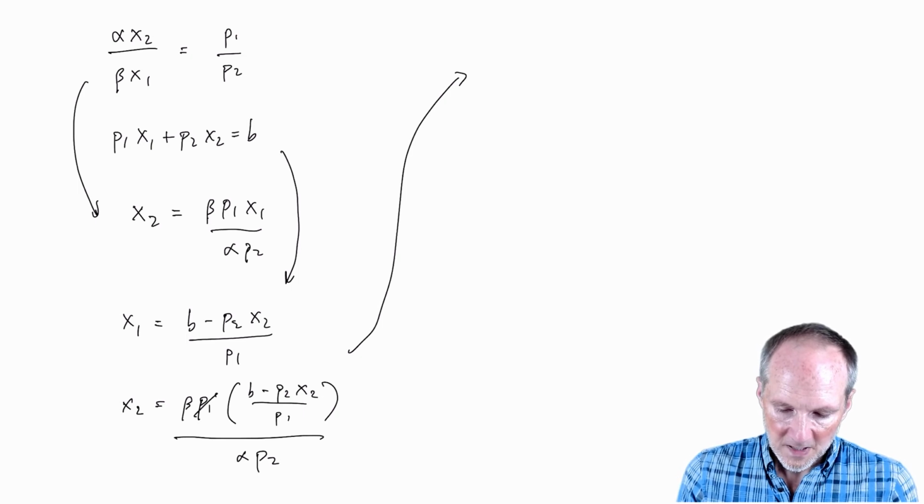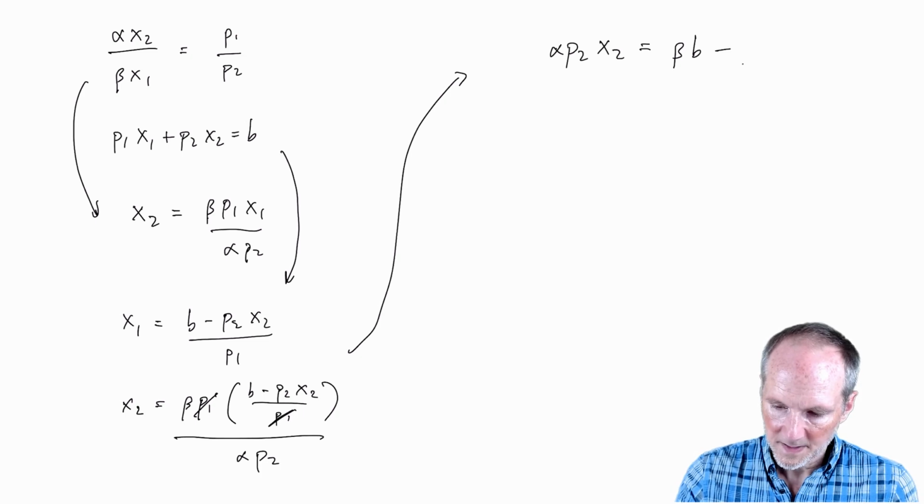Notice that this p1 here cancels with this p1. So let's just do this. Alpha p2 x2, I'm multiplying both sides by this, is equal to beta b minus beta p2 x2.